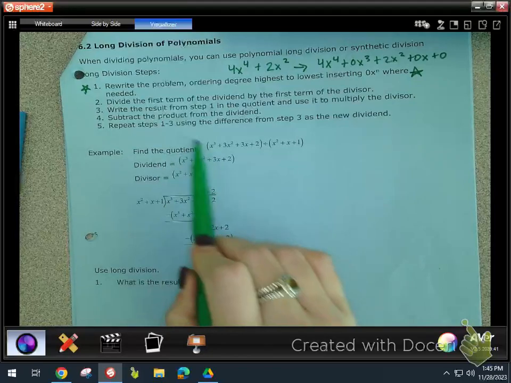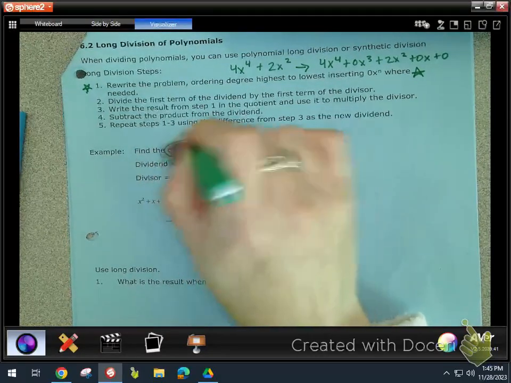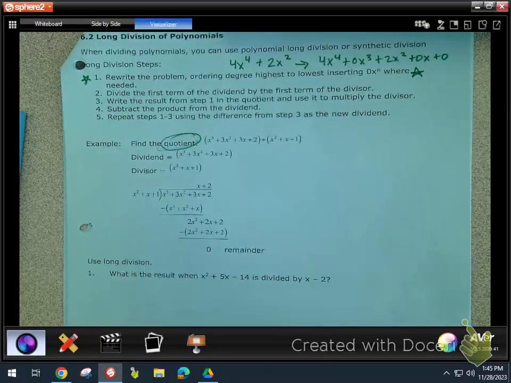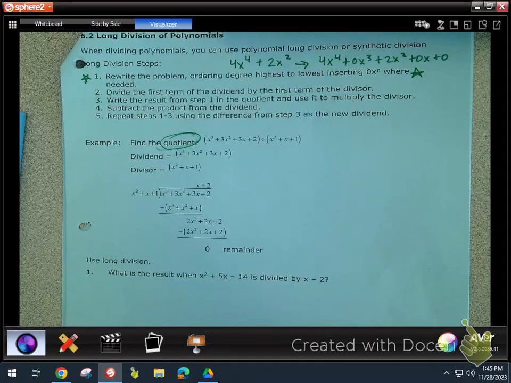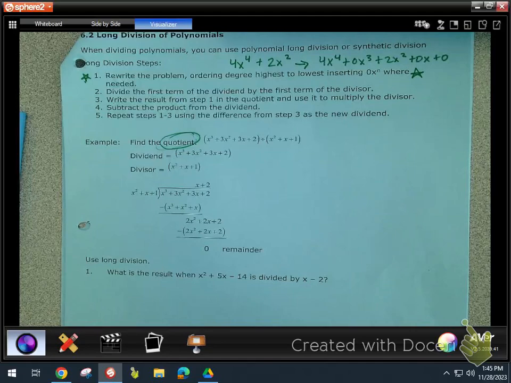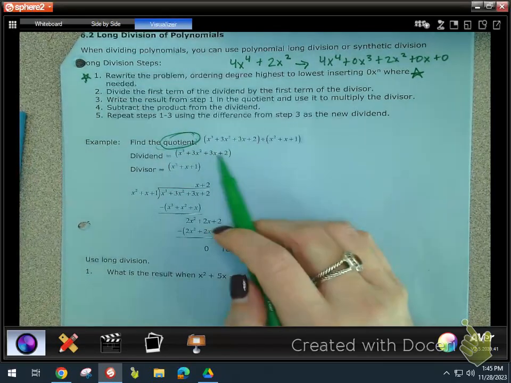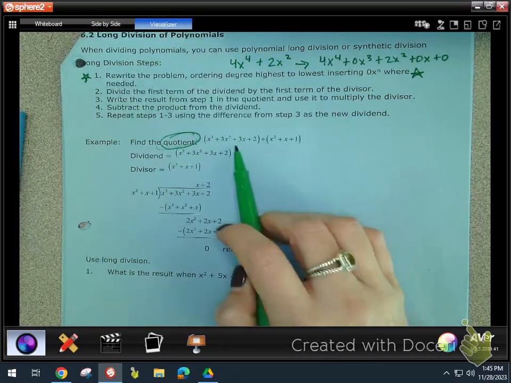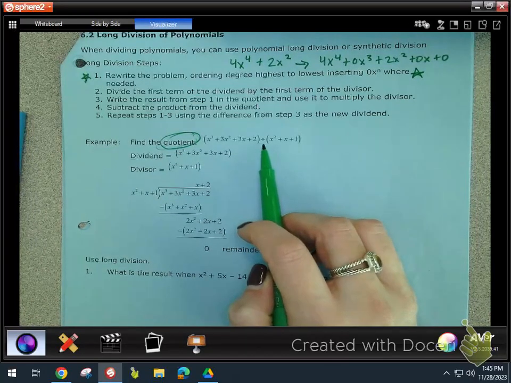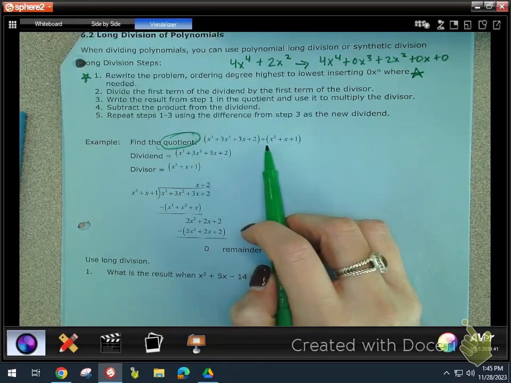It could say find the quotient, because what is a quotient? The answer to a division problem, okay? What's a sum? Addition. What's a difference? What's a product? What's a quotient? Division, okay? So they can say find the quotient, and they can write it like the actual division symbol that we really never use anymore, but it's in this unit.